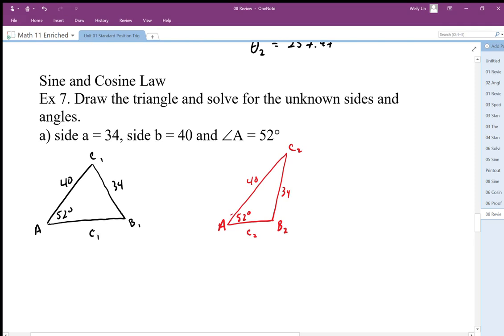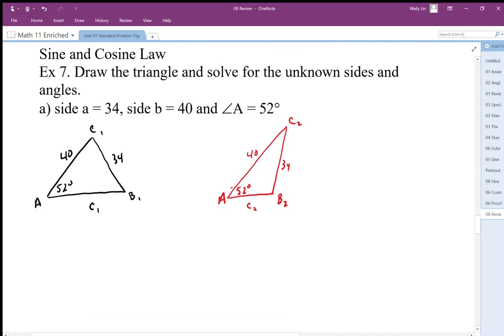So now I have two triangles to solve for. This does involve the sine law since I have an angle opposite side pairing that's known. So I have a known sine law ratio, so it allows me to solve for the unknown sides.